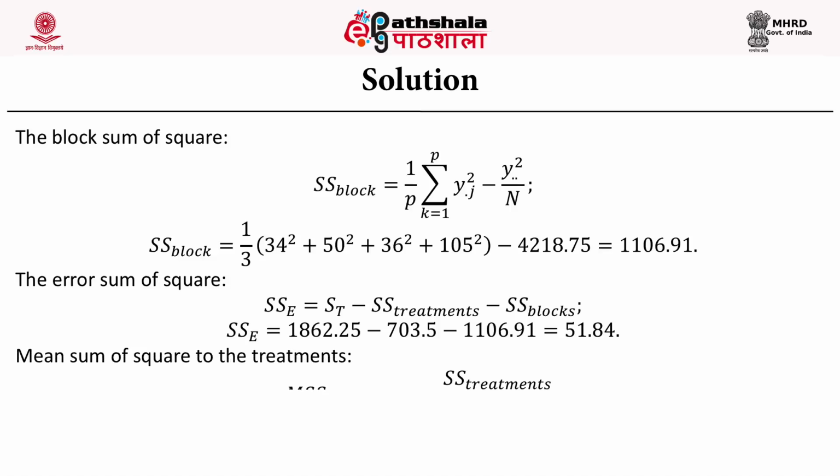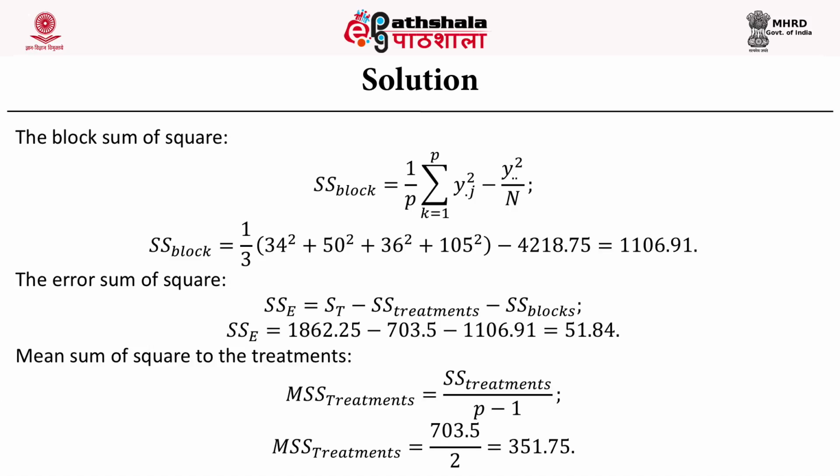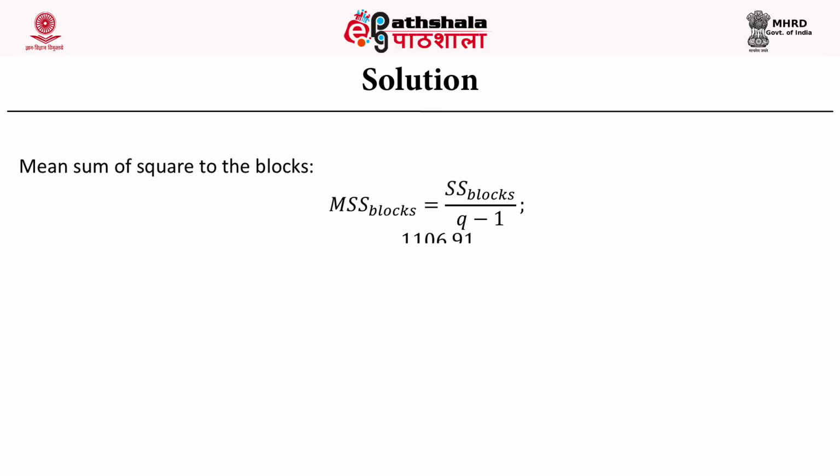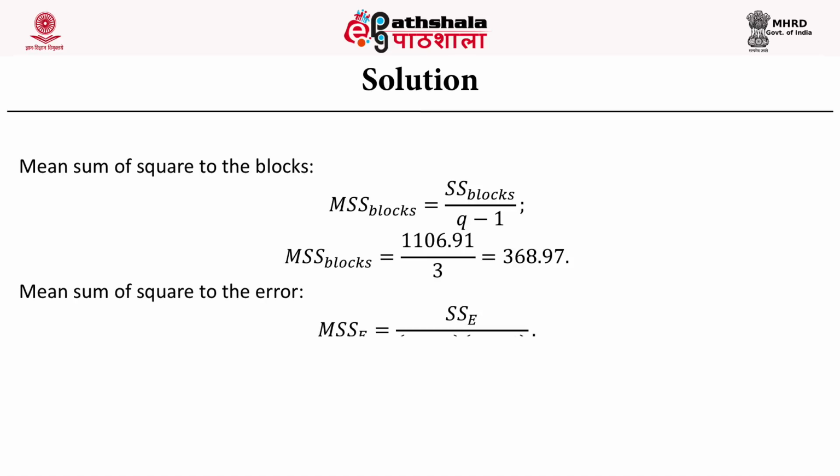The mean sum of squares of treatment is the sum of squares of treatment divided by the degrees of freedom, p minus 1, which equals 351.75. The mean sum of squares of block, found using the same formula, is 368.97, and the mean sum of squares of error is 51.84 divided by 6, so the answer is 8.64.